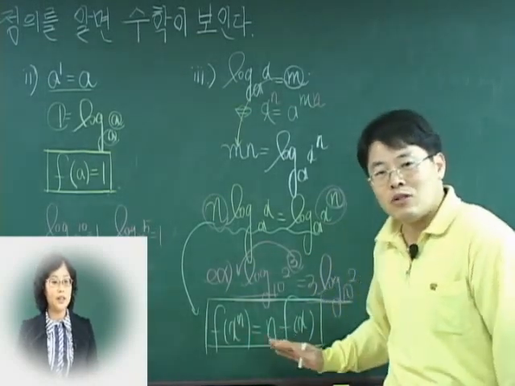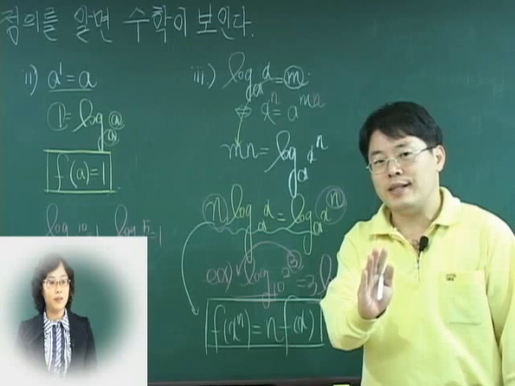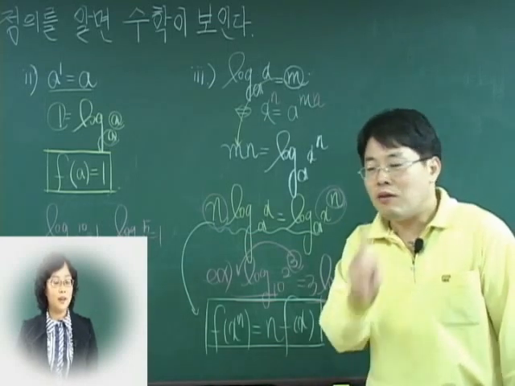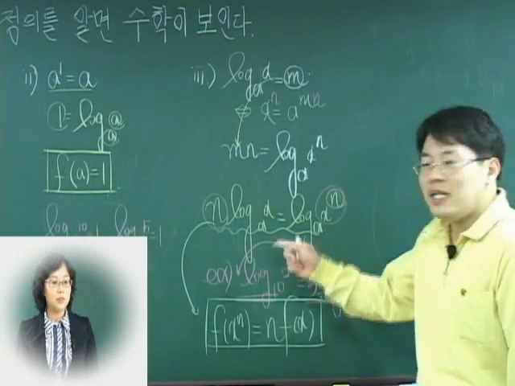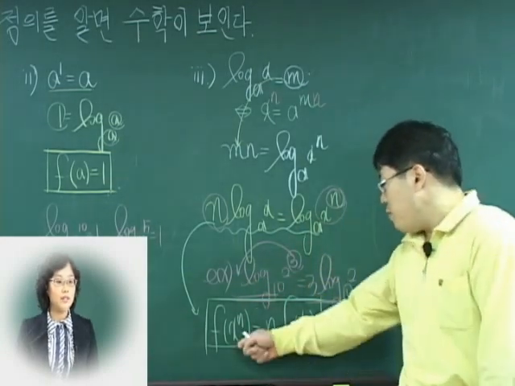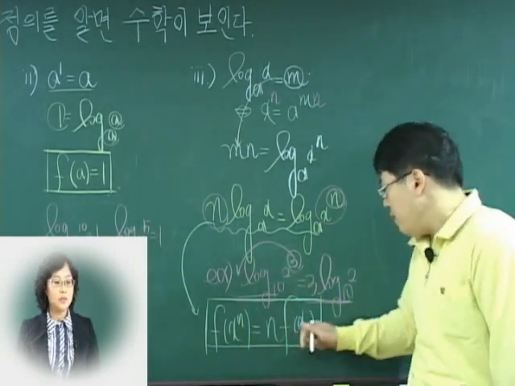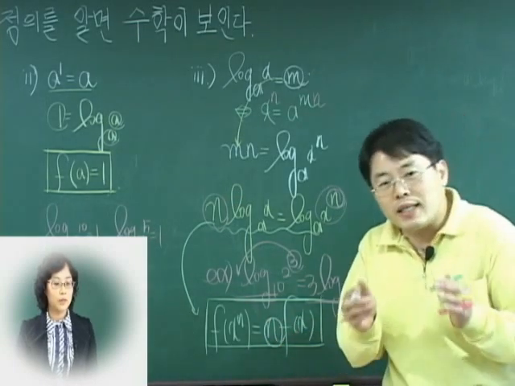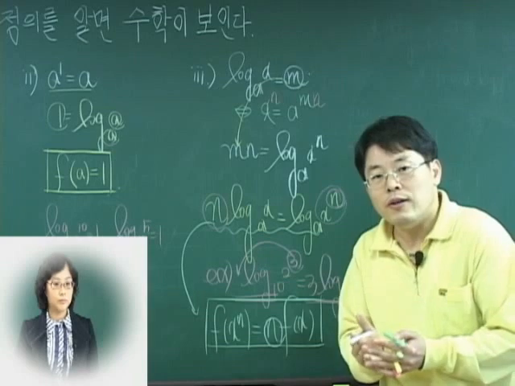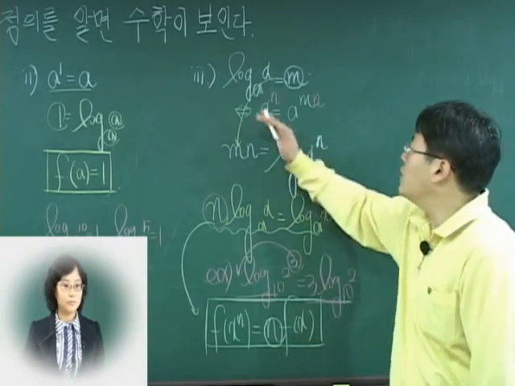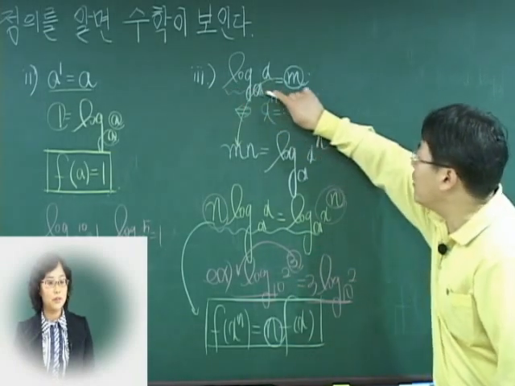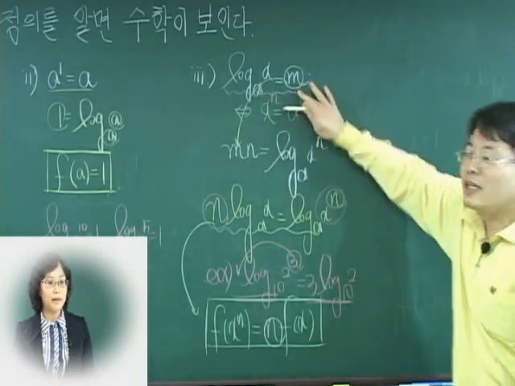We have already learned 3 kinds of properties: f of a equals 1, and f of x to the n power equals n f of x. How many relations are there? Why don't we expand more?